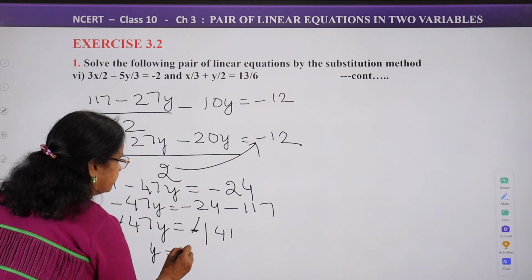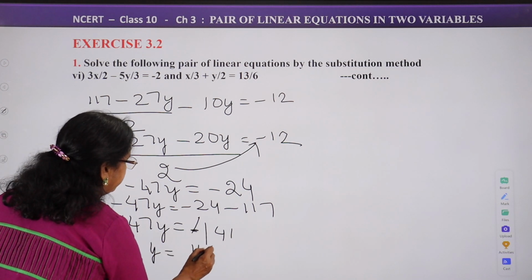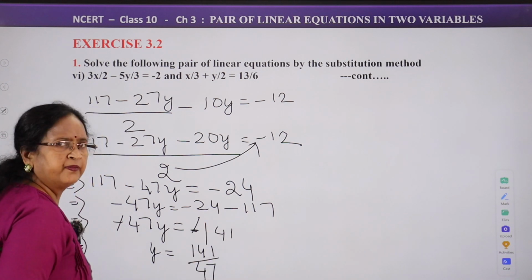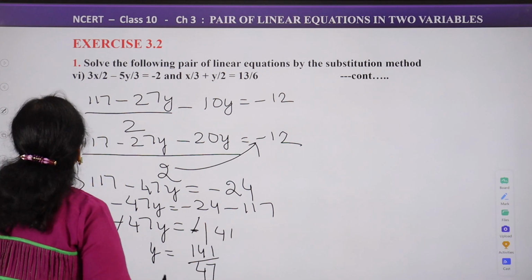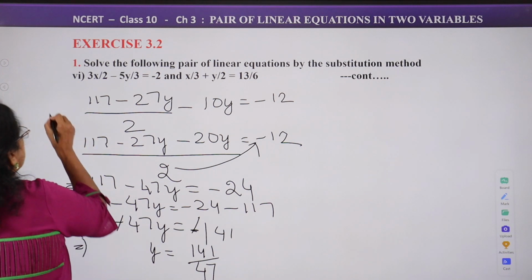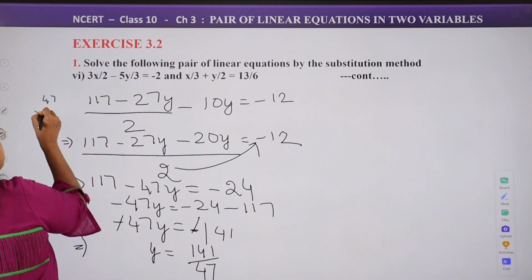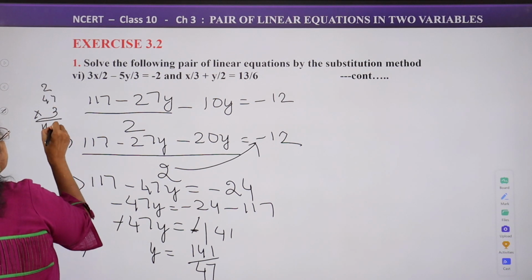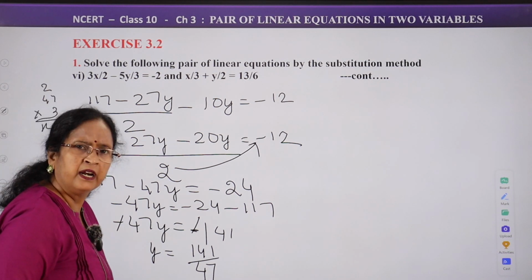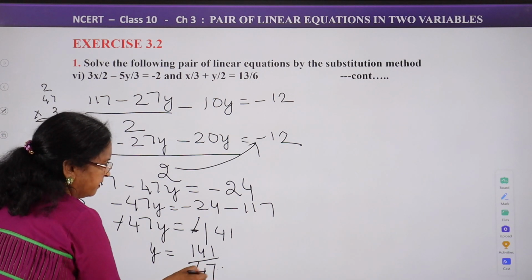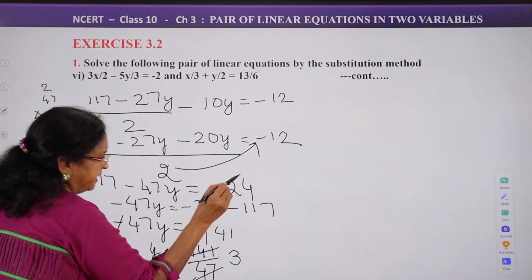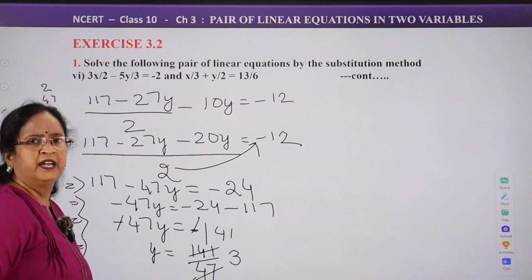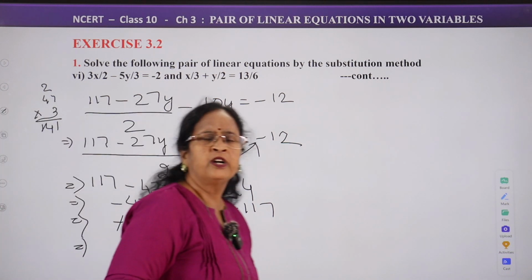Y is equal to 141 by 47. Alright. Now, I can easily see 47 into 3. 1, 13, 14. 141. Alright. Y is 3.